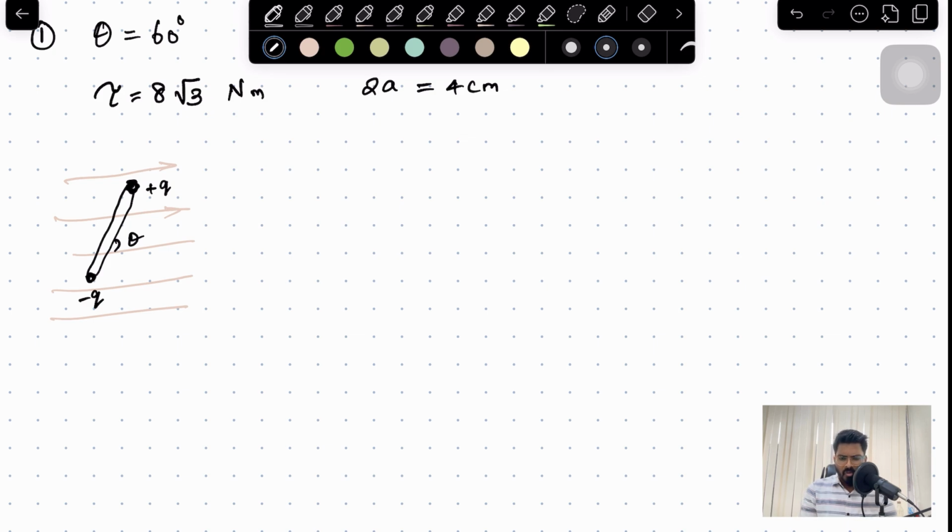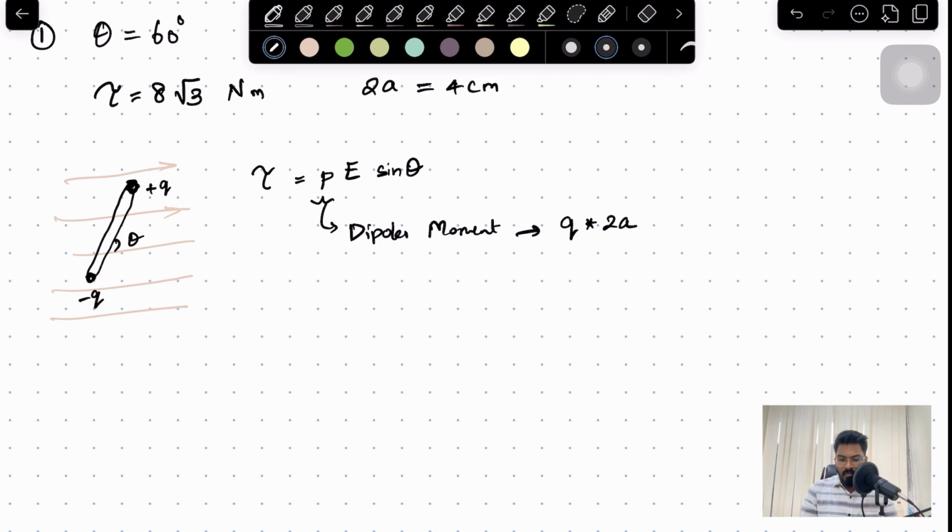This is straightforward. We know the formula for this. Torque on a dipole is given by tau equals P E multiplied by sine theta. What is P? That is the dipole moment, which is nothing but Q into 2a.